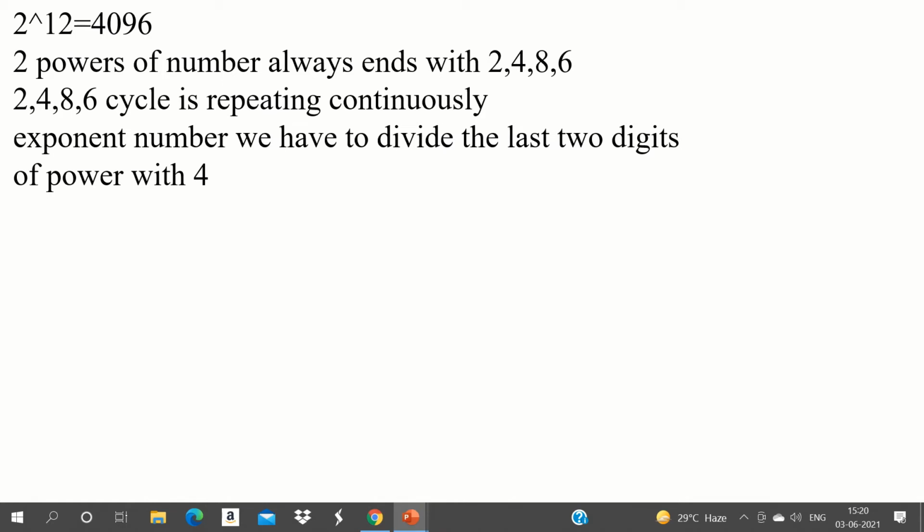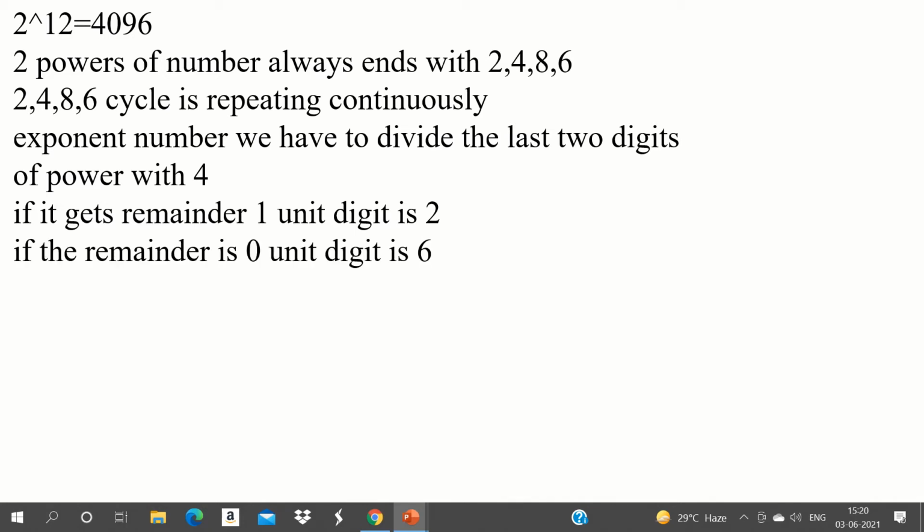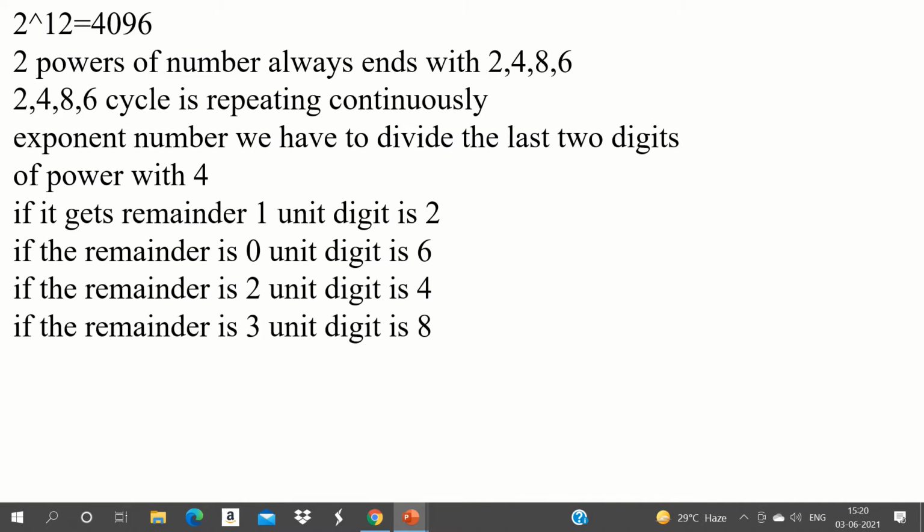For a number with unit digit 2, the exponent is divided by 4. If it gives a remainder 1, the unit digit is 2. If the remainder is 0, the unit digit is 6. If the remainder is 2, the unit digit is 4. If the remainder is 3, the unit digit is 8.